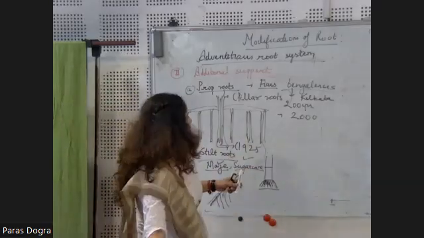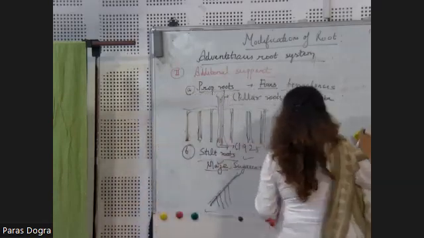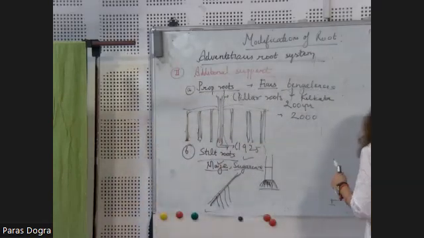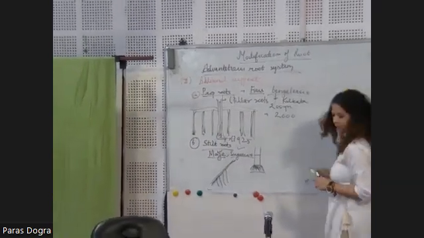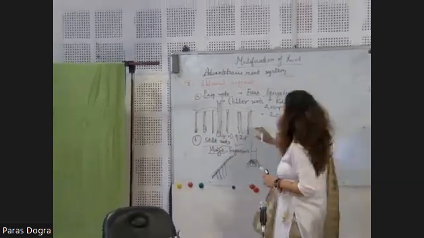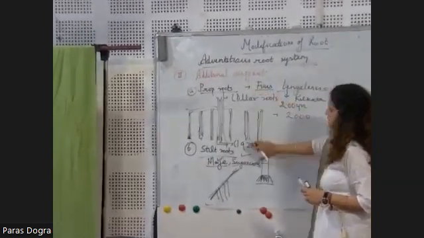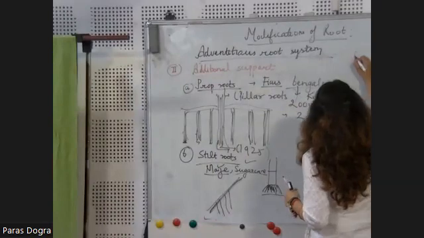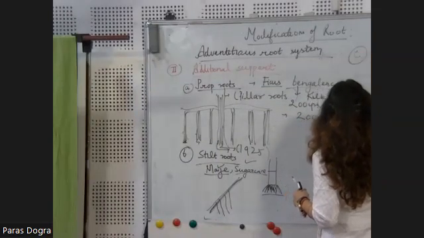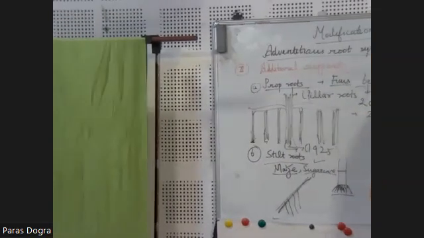Now, the third category is our clinging roots, or climbing roots. We are dealing with the second part of modification of adventitious root, which give additional support. First being prop roots, second stilt roots, and the third one is climbing roots.